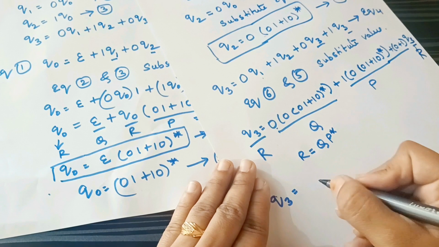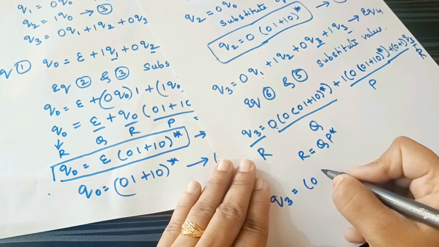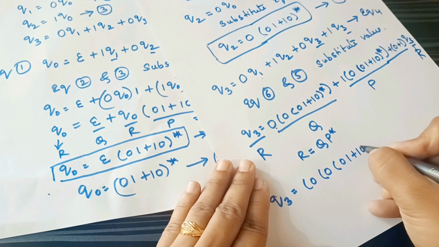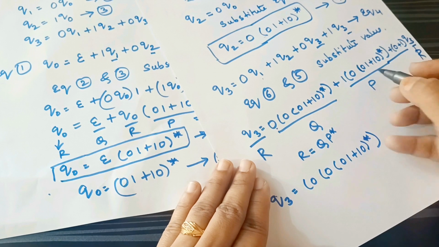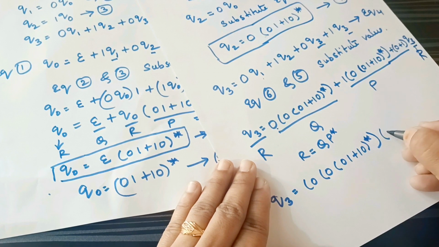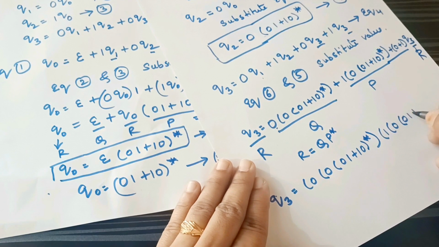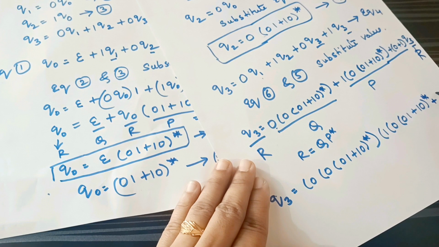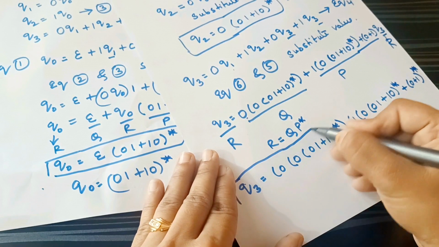So Q3 is equal to, we get 0 into 0 1 plus 1 0 whole closure, so this is the Q value we have got. Next the P value, which is 0 plus 1, whole closure. So this is the final equation we have got.